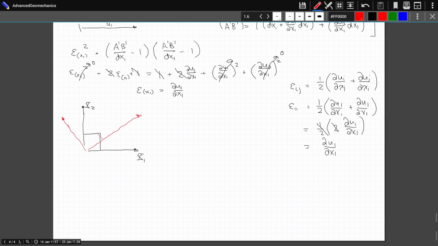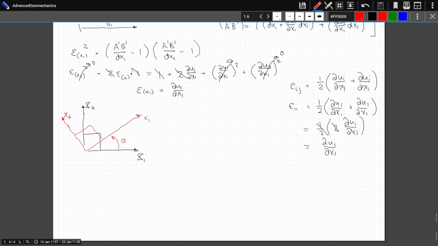So here's the rotated cube. It's rotated about an angle theta, and we'll call this little x1, little x2, all right? And so now what we want to do is we're going to write these vectors, little x1 and little x2, and of course little x3 is out of the board.